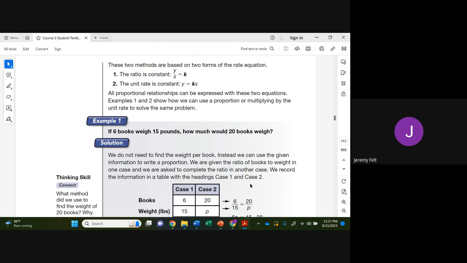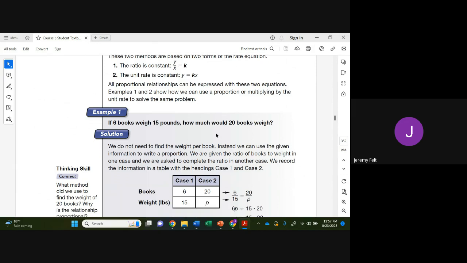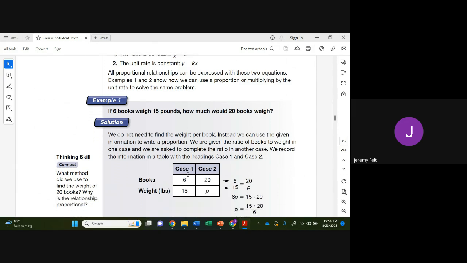So if we look at example 1, if 6 books weigh 15 pounds, how much would 20 books weigh? So we can set it up in our ratios, 6 over 15, books and weight. Okay, and then we want to know how much 20 books weigh. Well, 20 over P for pounds, or we use X or Y or whatever we wanted to.